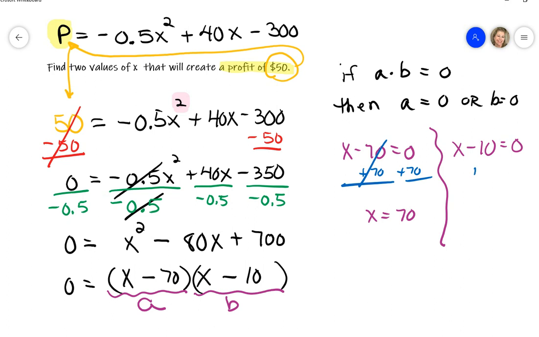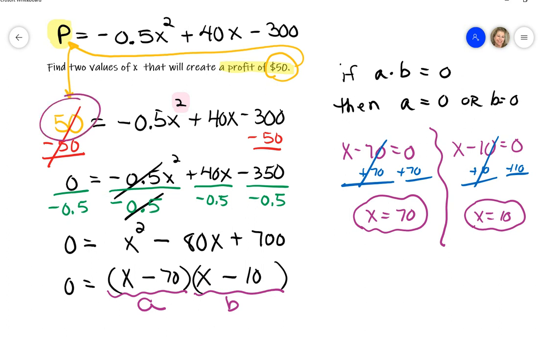And over here, I would add 10 to both sides. Cancels out. And x is equal to 10. So, whether they make 70 pizzas or only 10, that will give them this profit of $50.